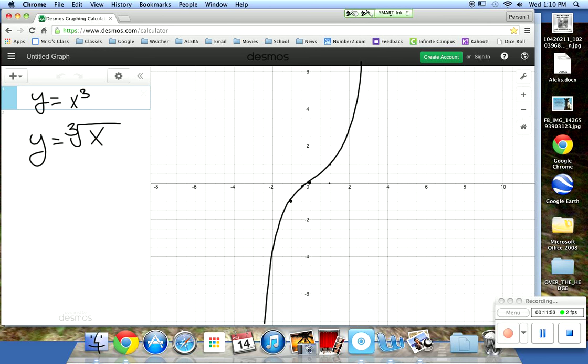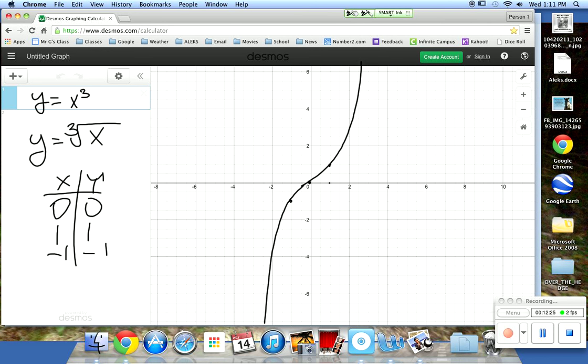Let's see, if we put 0 in here, we would get 0, right? So it's going to come through the origin. If we put 1 in here, it's going to be 1, right? 1, 1. But what if we put negative 1 in here? What's the cube root of negative 1?